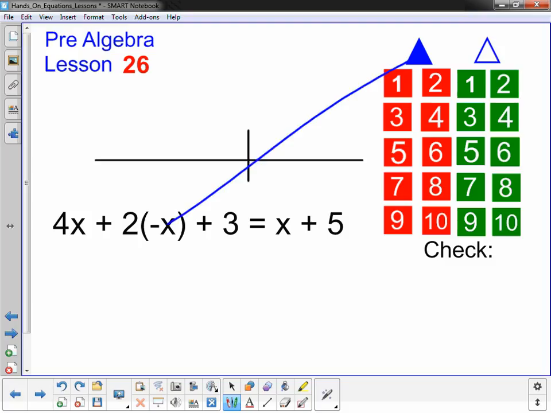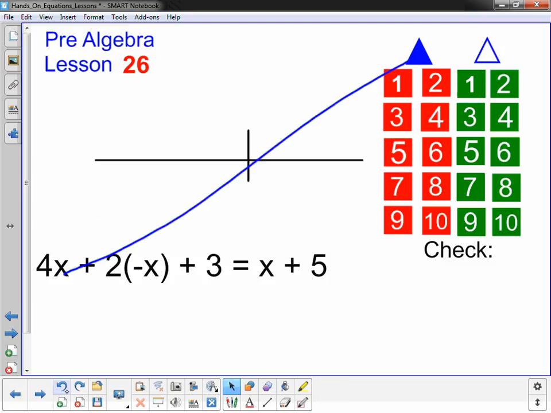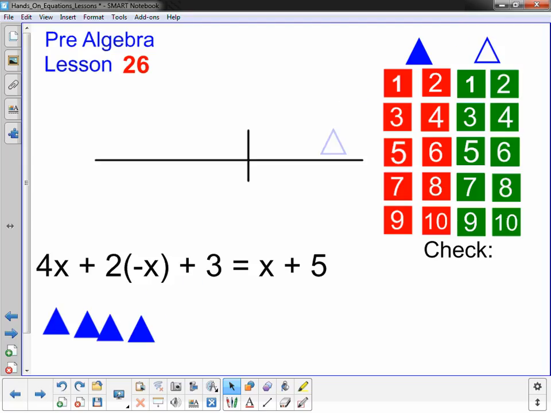If I had that as a picture, okay. I was using the magic pen. Sorry. Okay, so I had 4 x's, and I'm supposed to add 2 of the opposite of x's, and then 3, and then I have an x and a 5.